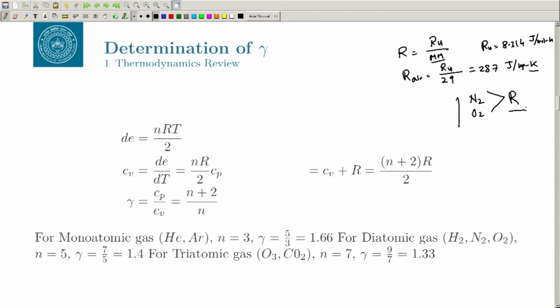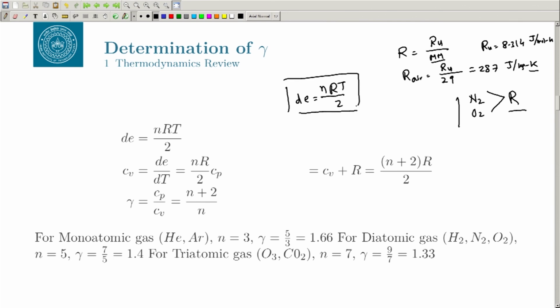Without going into the detailed discussion, the internal energy per degree of freedom will be around RT by 2. So, if you have n degrees of freedom, your stored energy will be e equal to nRT by 2, right.